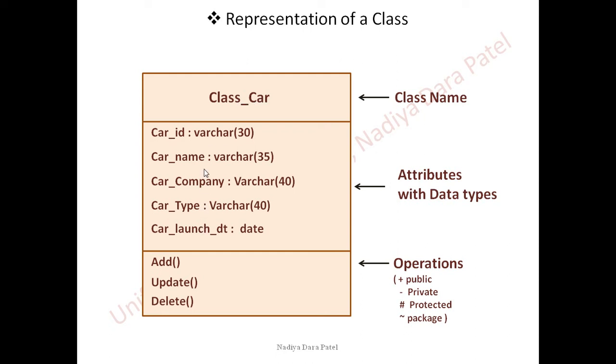We have our fields, which are customer ID, customer name, customer address, customer's phone number and email ID, and we also have their data types and sizes. So these are our attributes. Further, we keep a buttons panel in the down section of our application form, which has insert, update, delete, exit or cancel. So they become the operations.